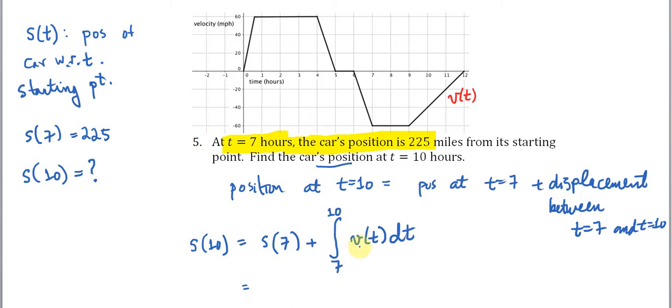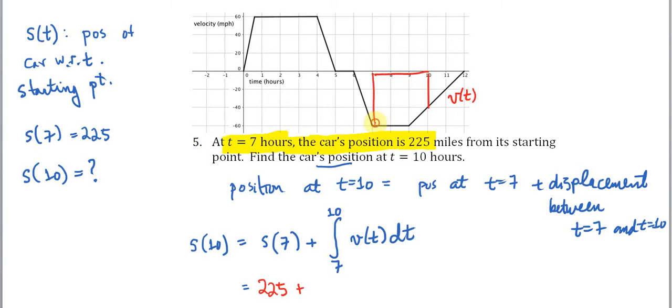Now all that's left for us to do is to enter in some values. The position of the car when S is equal to 7 is 225. The displacement we can represent with the definite integral. That's the area between 7 and 10, this region right here that I am shading in.